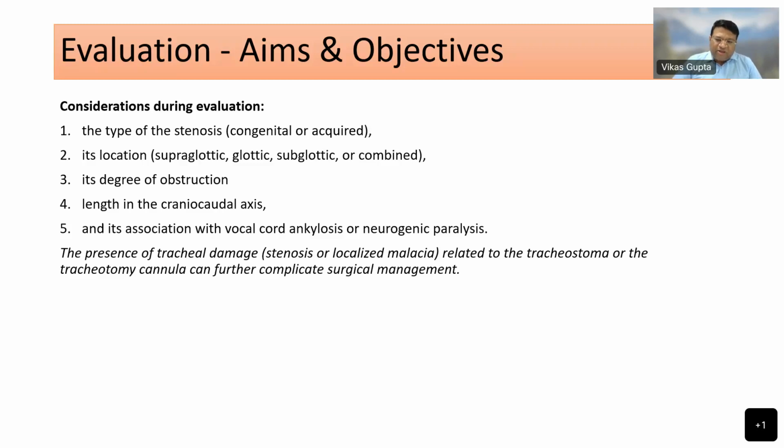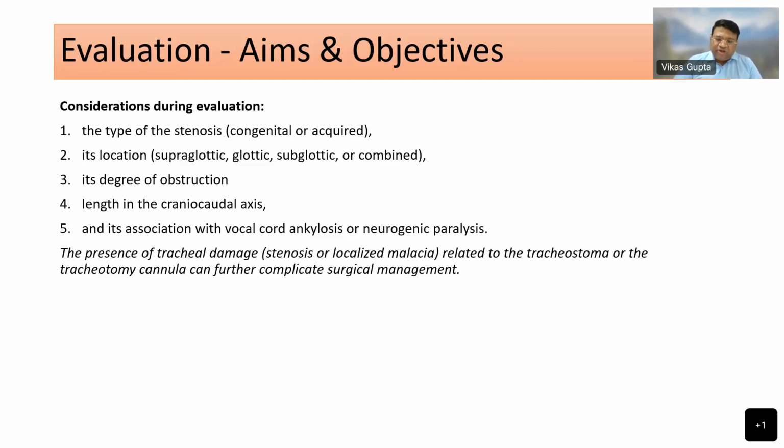So in such a patient, you need a treatment modality which can treat both things, or you have to treat both things separately. So it is always very important to document these 5 things. Along with this, if there is a previous tracheostomy, we need to examine the tracheostoma and the peritracheostomal region.